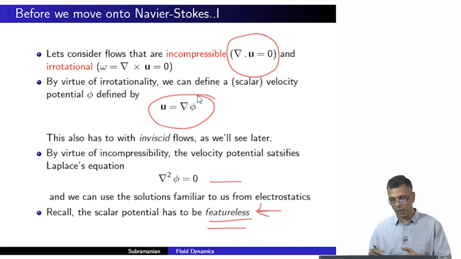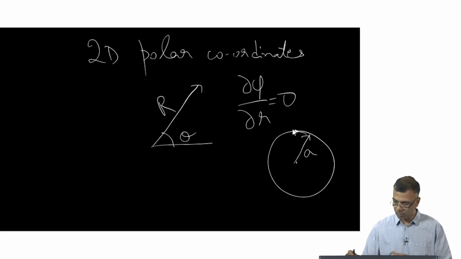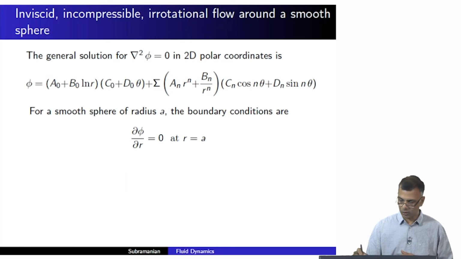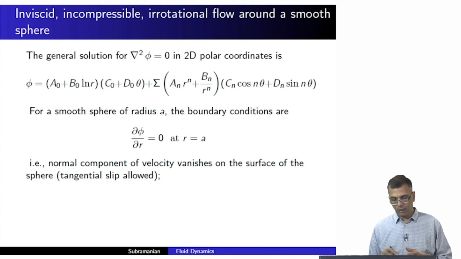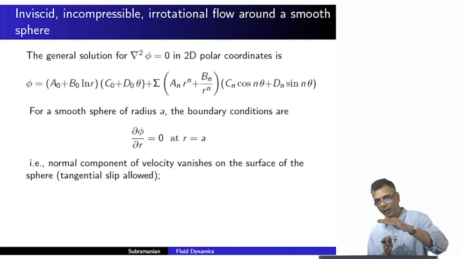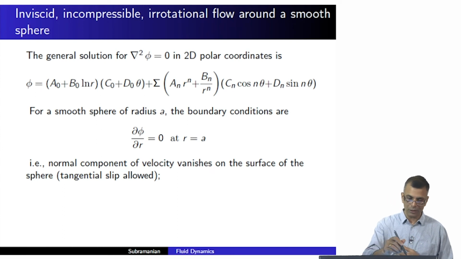So if d phi dr is equal to 0, you're talking about the normal component of the velocity. So the normal component of the velocity is equal to 0. This is what we're saying with this statement. But the tangential velocity need not be equal to 0. In other words, you are allowing for infinite slip at the surface of the sphere, and this has to do with the adjective inviscid.